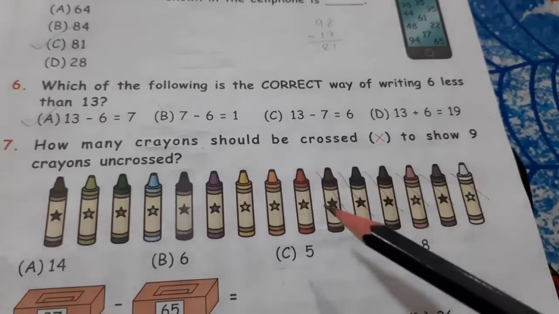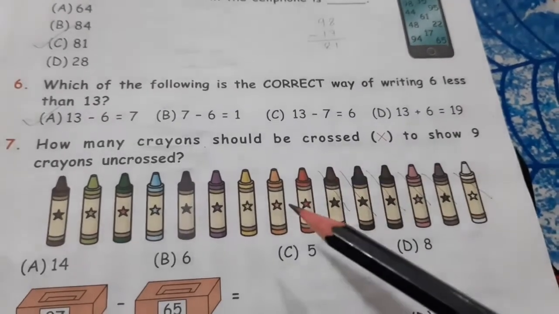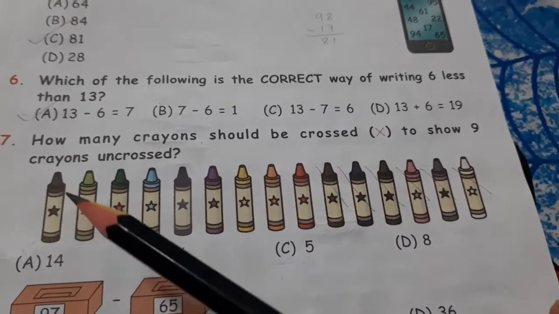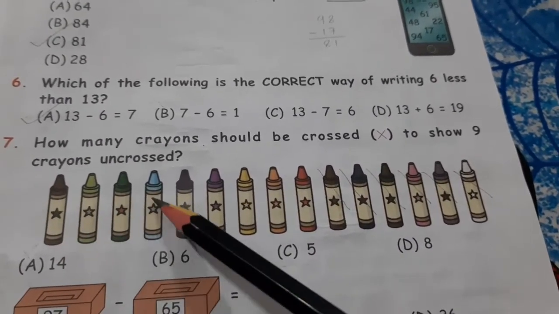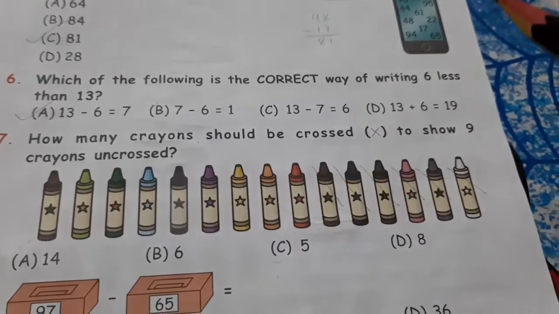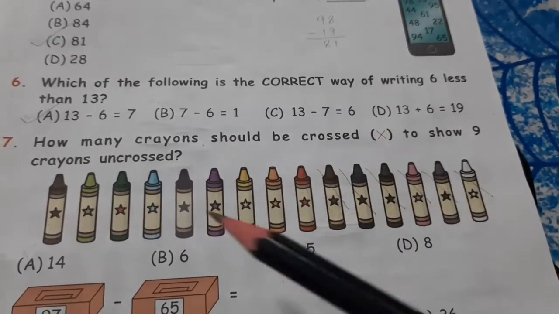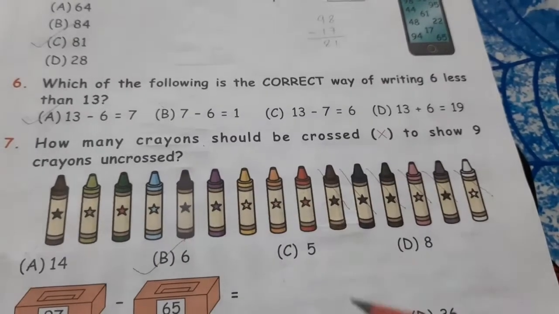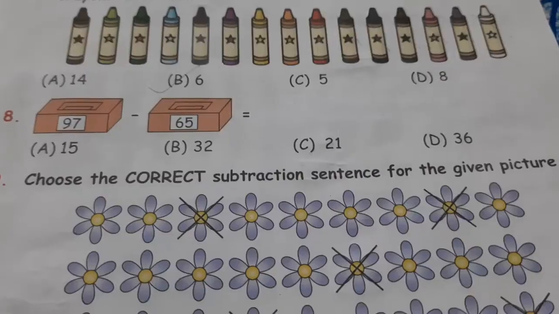Right? So we should cross 6 crayons so that 9 will be uncrossed. 1 2 3 4 5 6 7 8 9. Is it not so? So please take option B as the answer to this question.